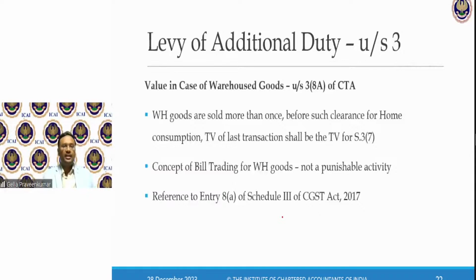Then, warehouse goods are sold more than once before such clearance for home consumption. Transaction value of the last transaction shall be the transaction value under section 3 subsection 7. Like for example, say importer Rahim. What Rahim has done?